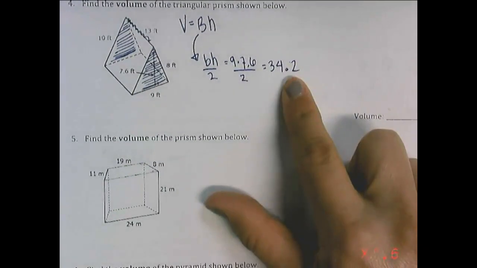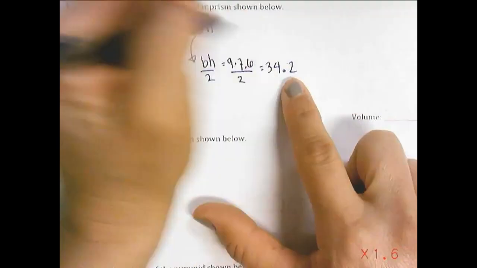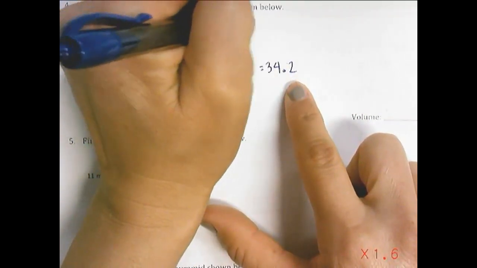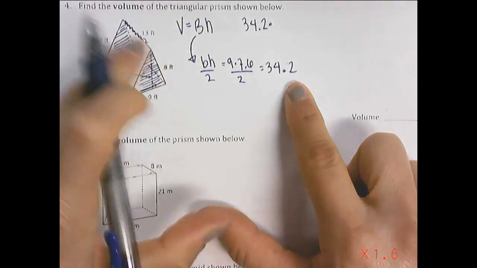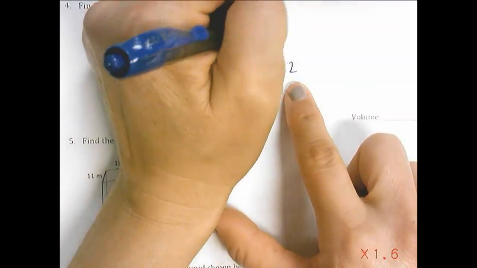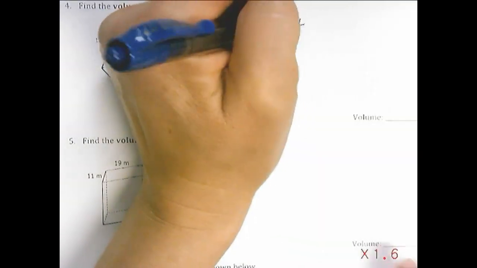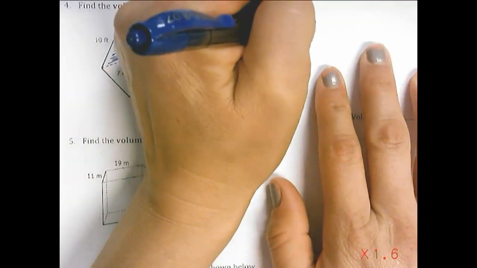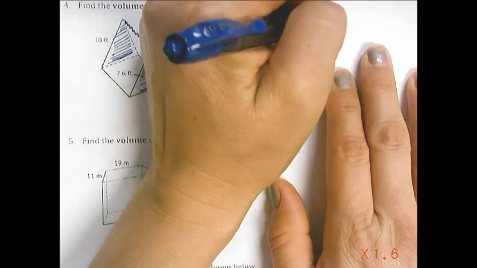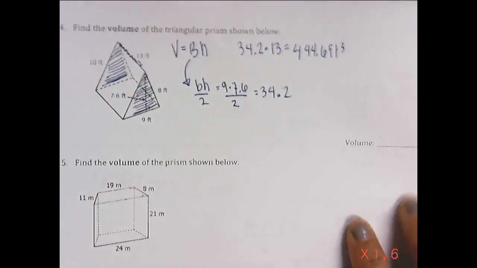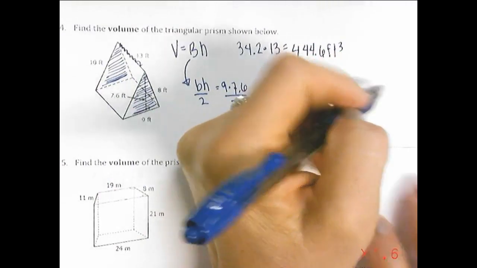So now I'm going to take big B, 34.2, and I'm going to multiply it by my height, the distance between the two, times 13. And that will give me 444.6 feet cubed when I multiply the two together. And that's my answer.